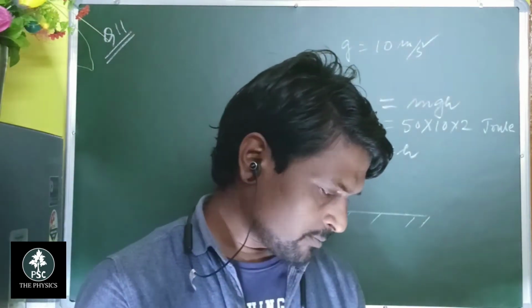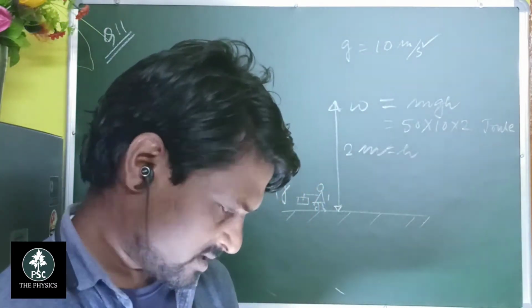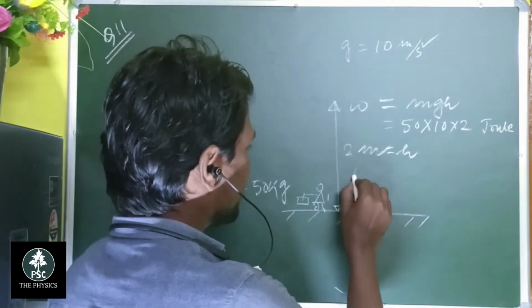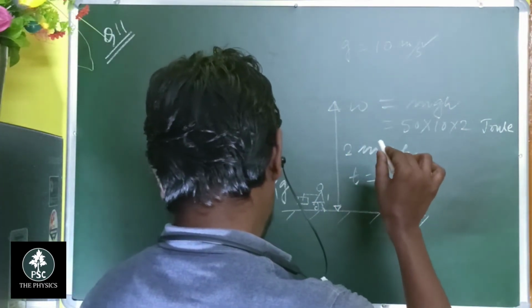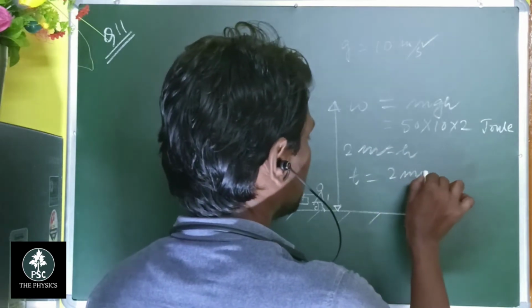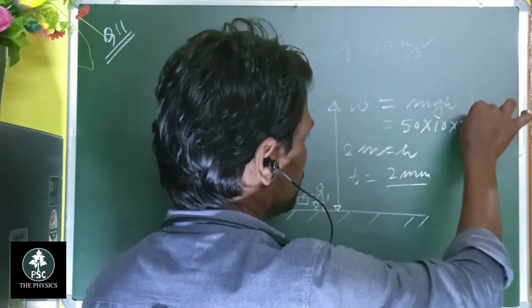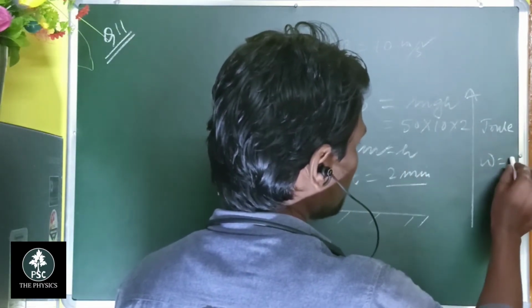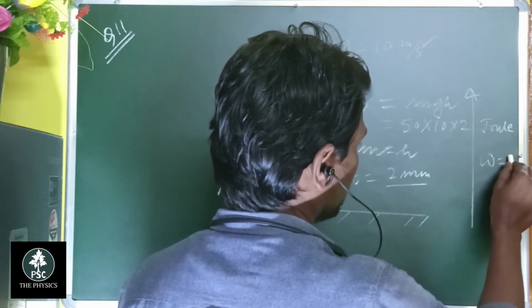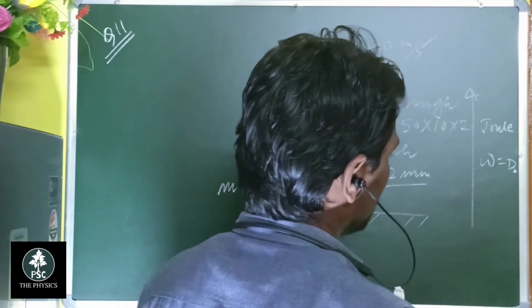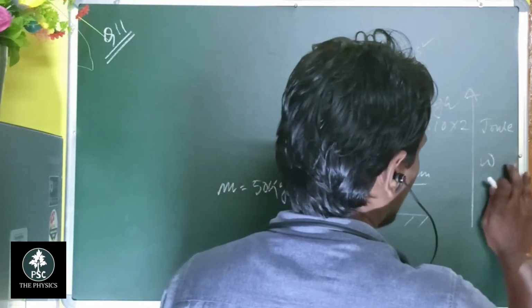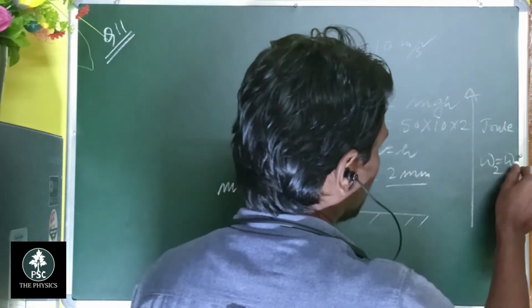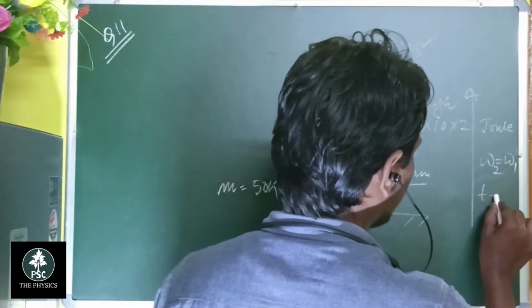Now another man raises the same box to the same height in 5 minutes, while the first takes 2 minutes. The work done is the same, so W2 is equal to W1, and the time here is 5 minutes.